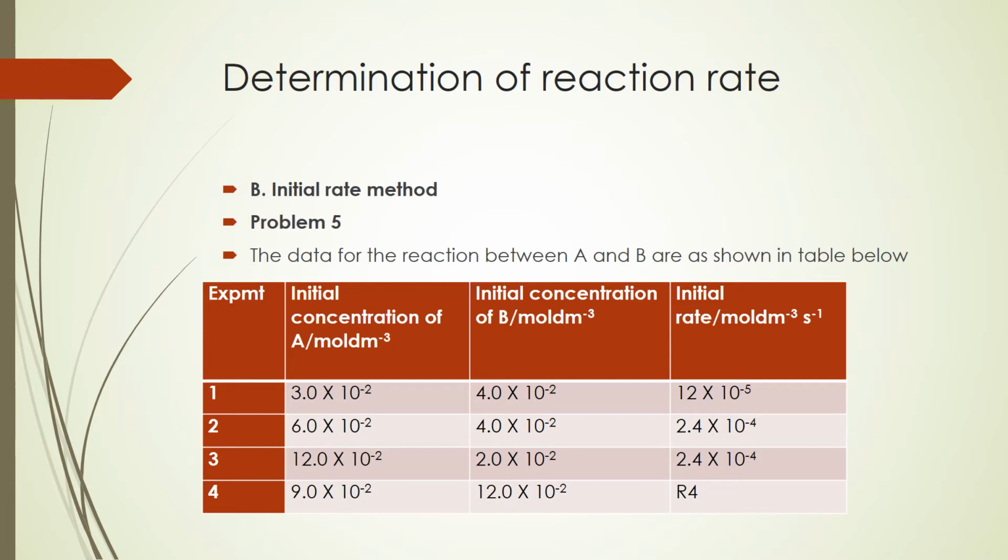The rate increases from 12 times 10 minus 5 to 2.4 times 10 minus 4. So there is an effect of the concentration of A on the initial rate of the reaction.